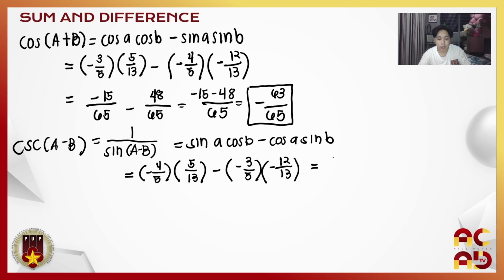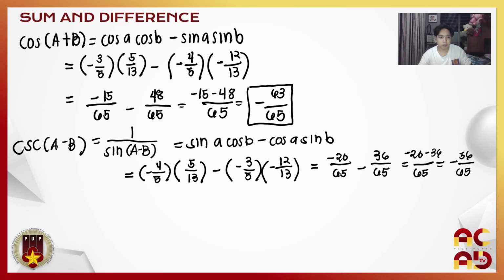So sa first term, we have negative 20 over 65, then minus sa second term naman, we have 36 over 65. Then kunin lang natin ulit yung LCD nila. So 65, then negative 20, and then negative 36. So negative 20 minus 36 is negative 56 over 65.